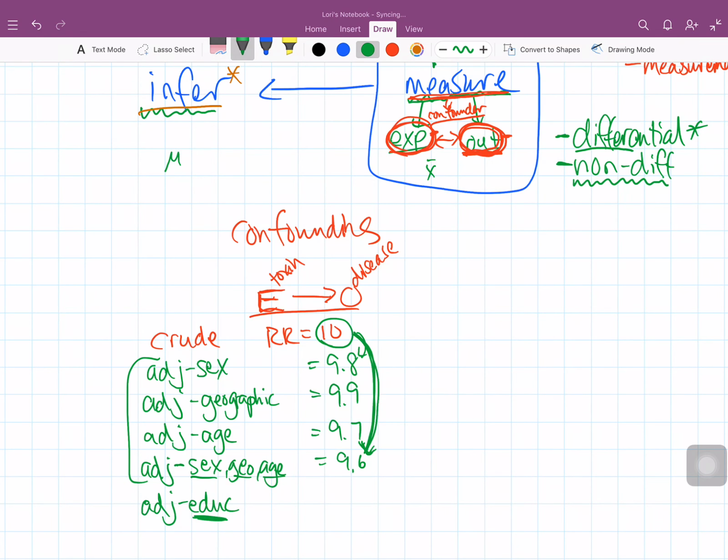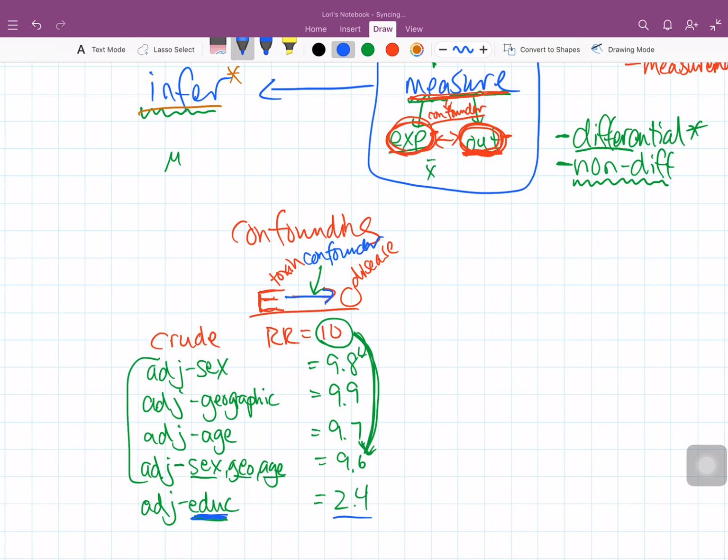If education is an important confounder in this relationship between exposure and outcome, a lot of times we'll see that the relationship changes significantly. Let's say our relative risk becomes 2.4. When we add education in, the relationship between these two variables changes a lot, which means that variable is probably a confounder of the relationship.